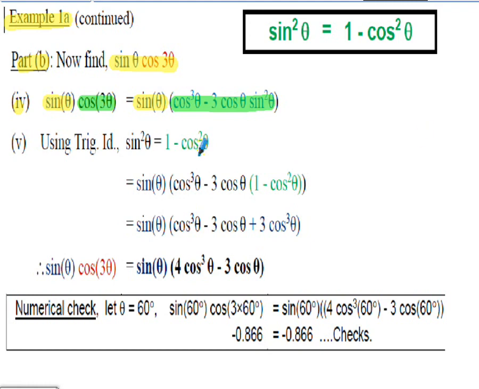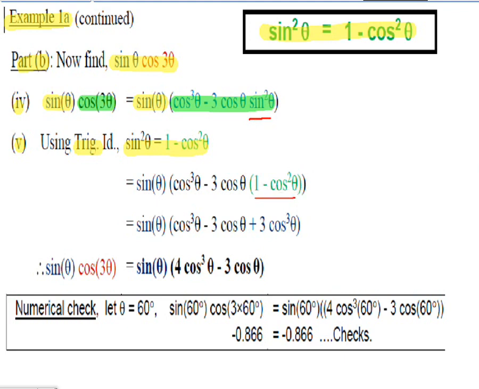The hint in the question is to use the trig identity sine squared theta is equal to 1 minus cos squared theta. That's a standard trigonometric identity, often called a Pythagorean trigonometric identity, which we're using here. So what we're going to do is replace the sine squared theta term in this equation with the 1 minus cos squared theta term.